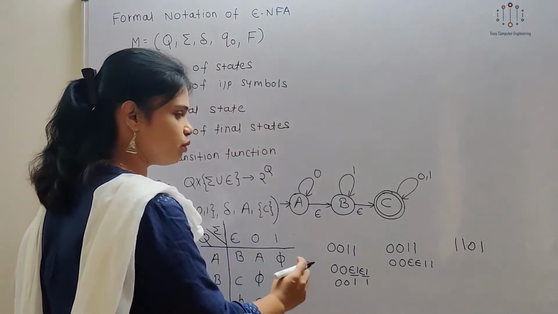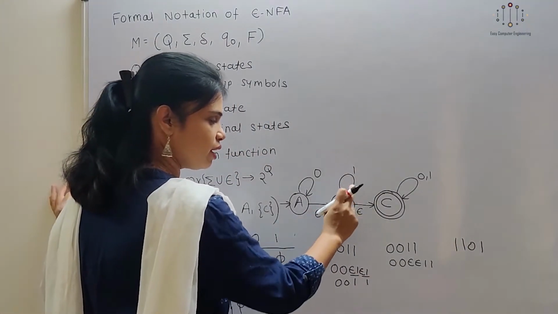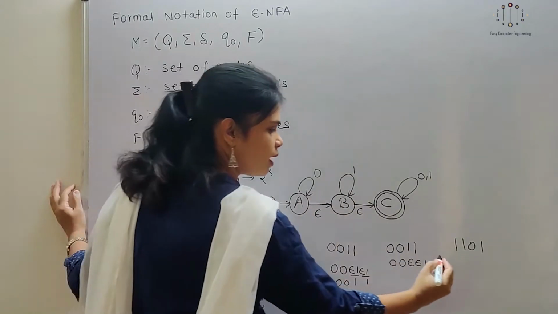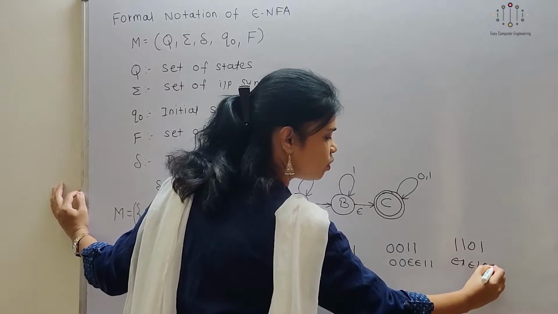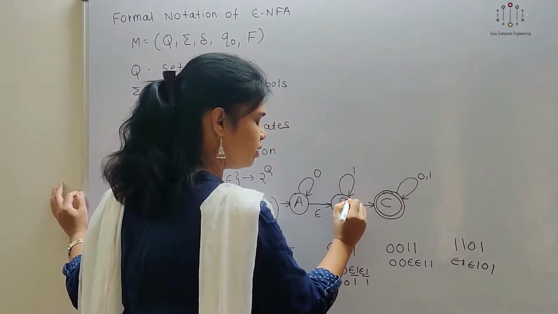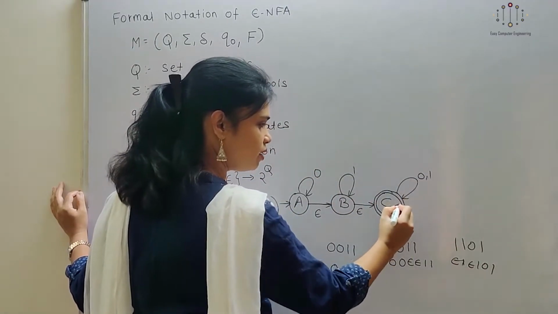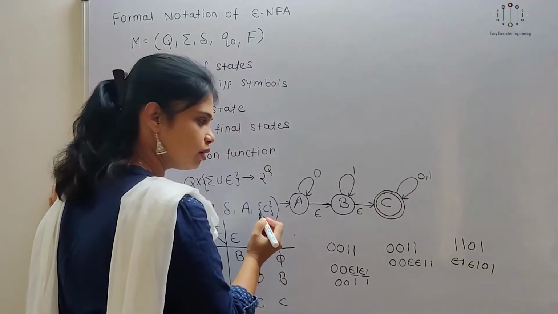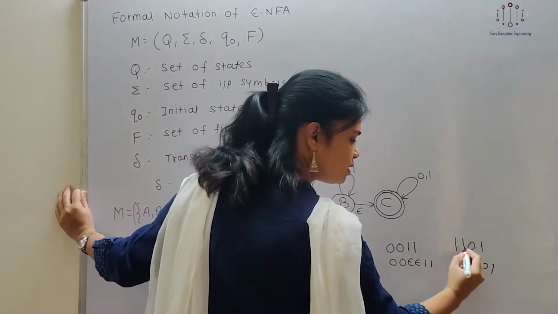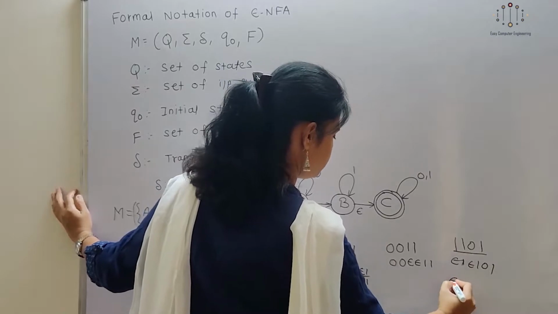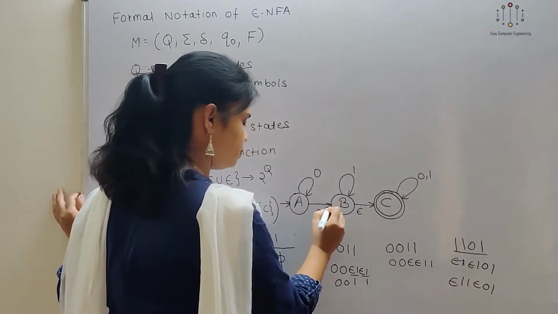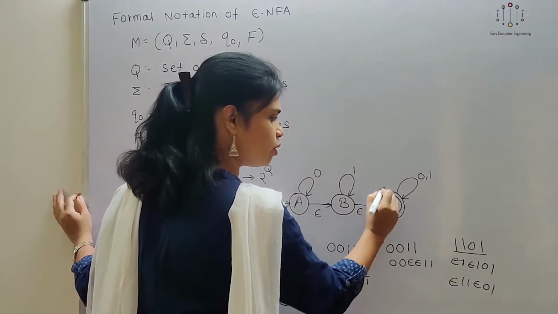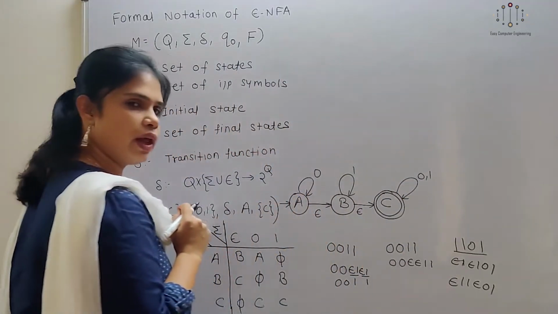Okay, 1101. So how can we take 1? We can reach epsilon 1 epsilon 1 epsilon 1 0 1 epsilon 1, or we can take this string as epsilon 1 1 epsilon 0 1 epsilon 1 1 epsilon 0 1, like this.